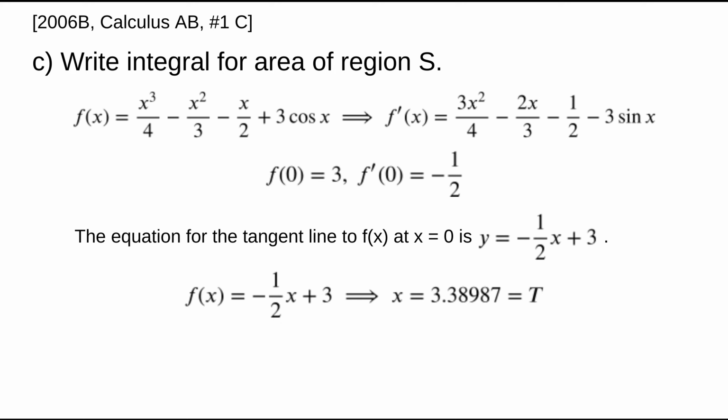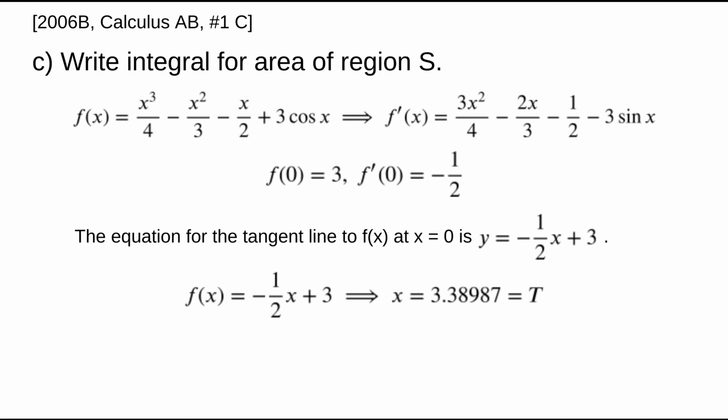So where is this upper bound of integration going to be? Where do these two graphs intersect again? I'm going to use my calculator to figure that out as well. The graph of f of x is equal to the graph of negative 1/2 x plus 3 when x is 3.38987. I'm going to call that t for now because I don't want to keep writing out all those numbers.